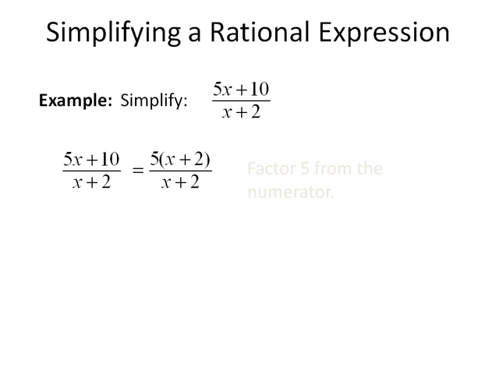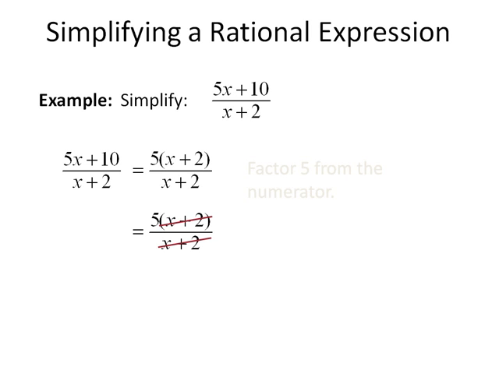Now you can see this is a product. 5 is a factor, and x plus 2 is a factor, a whole factor. This factor and that factor are common. So now you can divide out that factor. We say divide out, we don't say cancel. Okay?